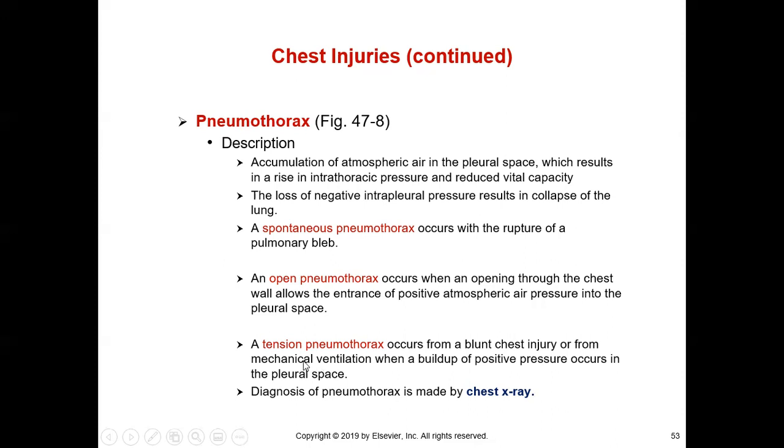A tension pneumothorax occurs from a blunt chest injury or from mechanical ventilation when a buildup of positive pressure occurs in the pleural space. Then diagnosis of pneumothorax is made by chest X-ray.